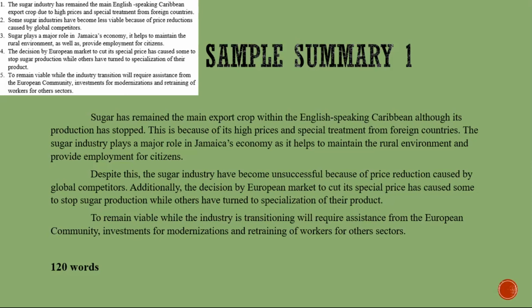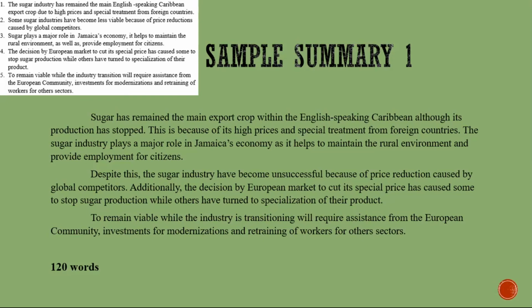The summary reads: Sugar has remained the main export crop within the English-speaking Caribbean, although its production has stopped. This is because of its high prices and special treatment from foreign countries. The sugar industry plays a major role in Jamaica's economy as it helps to maintain the rural environment and provide employment for its citizens. Despite this, the sugar industry has become unsuccessful because of price reduction caused by global competitors.